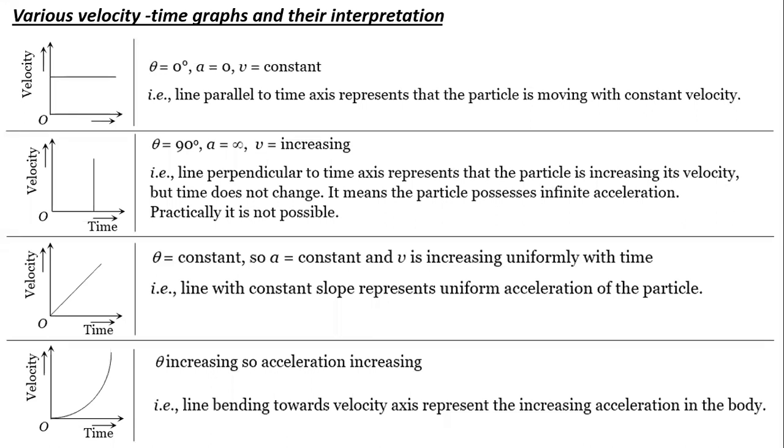In the fourth case, the acceleration value is increasing because the angle at every point is increasing from 0 to 90 degrees, so it is non-uniform acceleration with the acceleration value increasing.